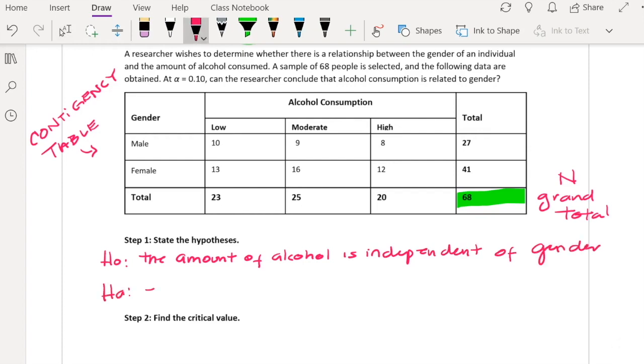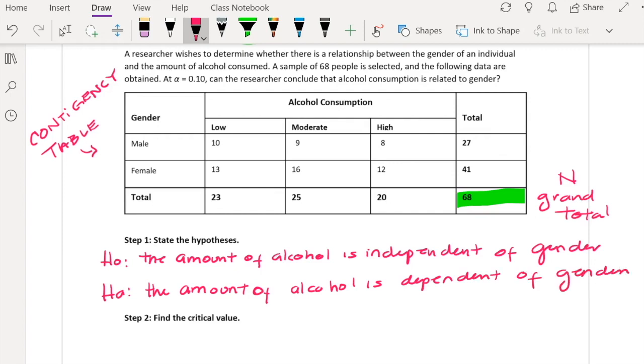Alternative: the amount of alcohol is dependent on gender. Is dependent on gender? Yeah.